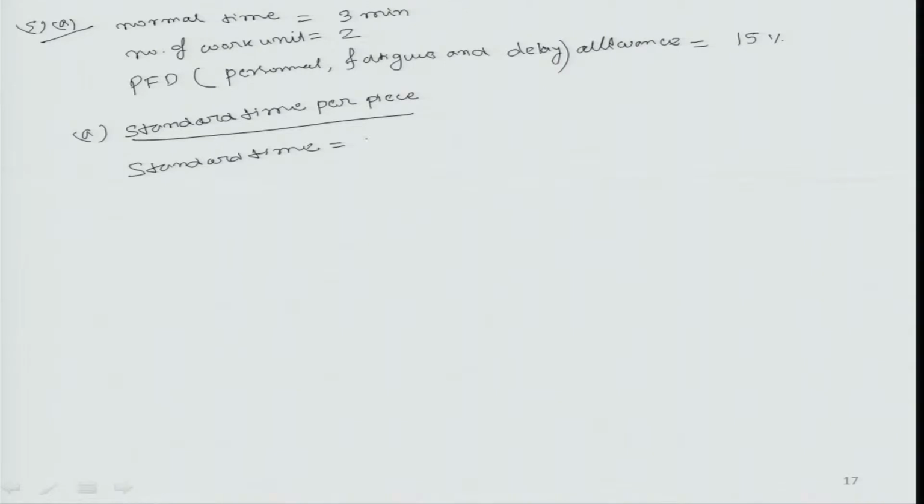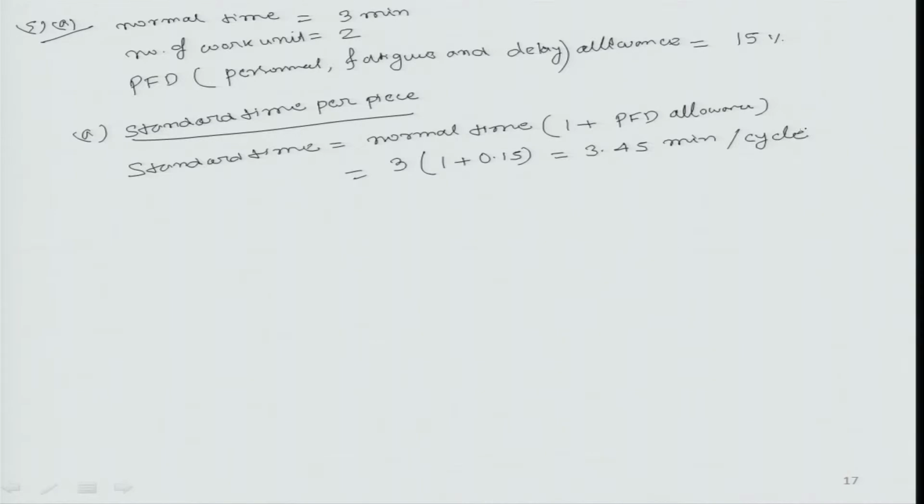That is equal to normal time times 1 plus PFD allowance. In this case normal time is 3 minutes and PFD allowance is 15%, so 3 times 1.15 will be equal to 3.45 minutes per cycle. So this is the standard time per cycle.